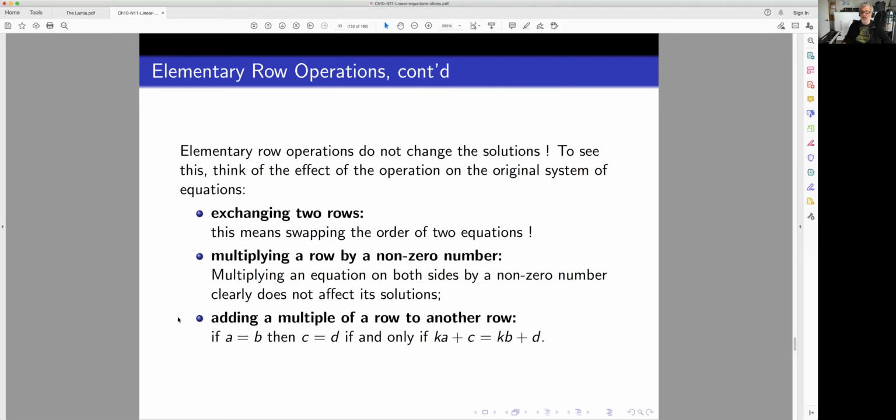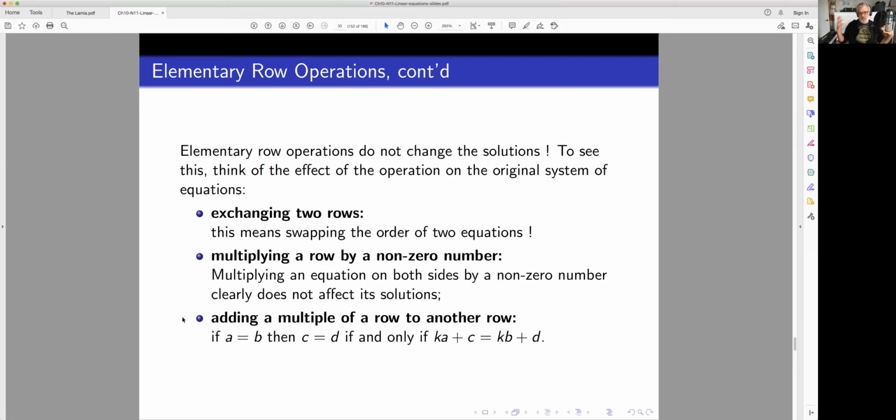Again, this one is not as immediate as the other two, but if you spend a few minutes thinking about it, you should be able to convince yourself that you can do this without changing the set of solutions. So hopefully you'll believe that these three types of moves on the matrix are not going to change the set of solutions.